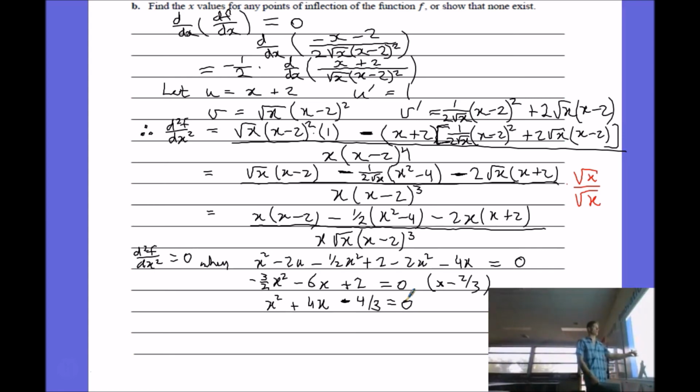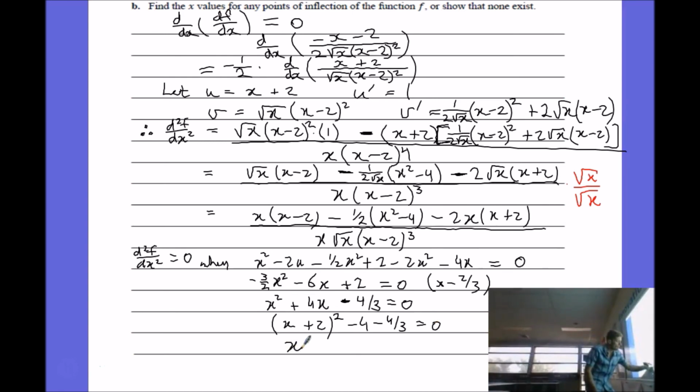Okay, so from there this is quadratic, and I can find solutions for x by maybe completing the square. So I can see this can give me x plus 2 all squared, and then subtract 4 on 3 is equal to 0. Alright, and I'm getting different solutions for x here.